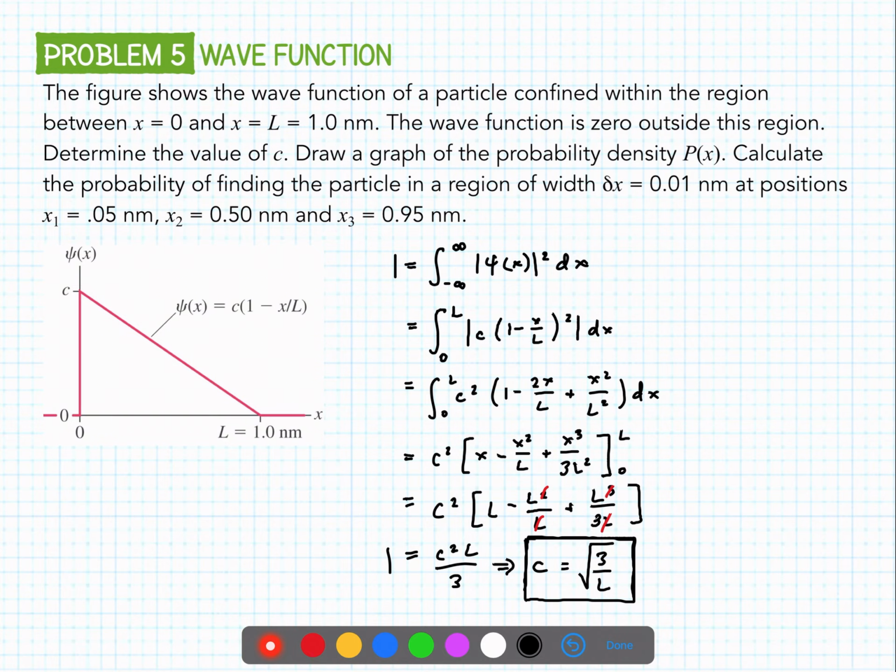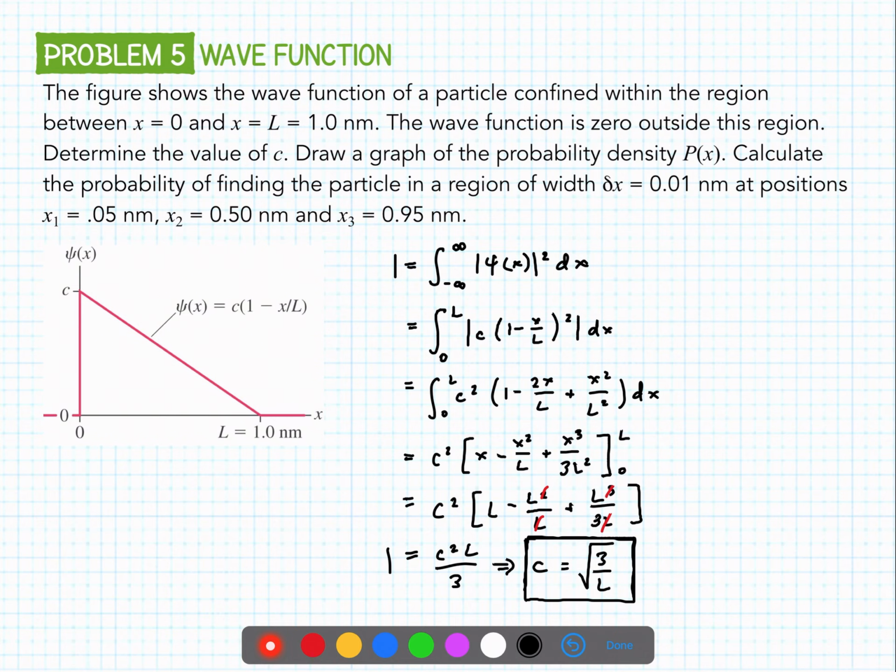But the next thing we want to do is calculate the probability of finding the particle in a region of width delta x equals 0.01 nanometers at positions 0.05 nanometers, 0.5 nanometers, and x equals 0.95 nanometers.